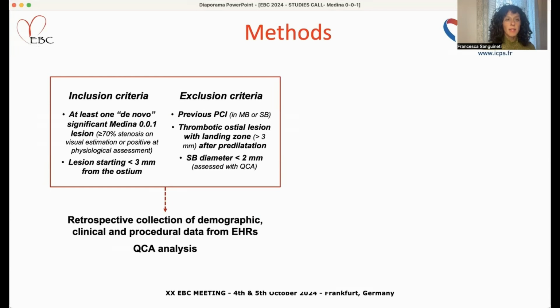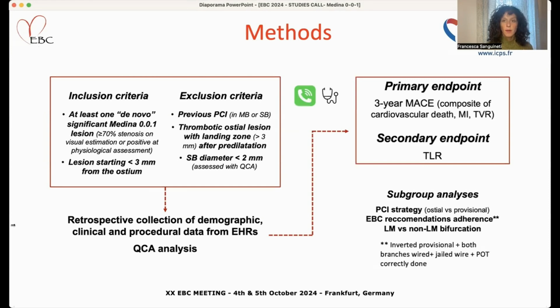We collected angiographic, demographic and clinical data, and we performed clinical follow-up to all the patients included. Our primary endpoint was 3 years MACE, a composite of cardiovascular death, myocardial infarction, and target vessel revascularization. Our secondary endpoint was the target lesion revascularization. We were also interested in subgroup analysis, in particular the PCI strategy, comparing ostial versus provisional stenting.